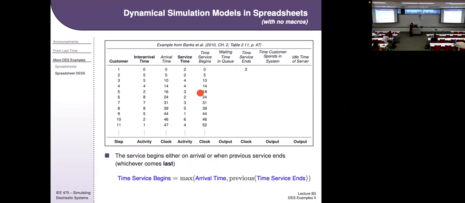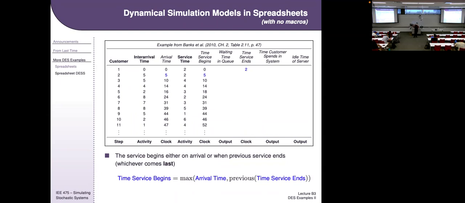So the time service begins is the maximum of when that customer arrived or the previous time service ends. If I happen to have the time service ends column available to me, then I can compare. I can say, oh, the previous customer's service ended before I arrived. That means I immediately get service.